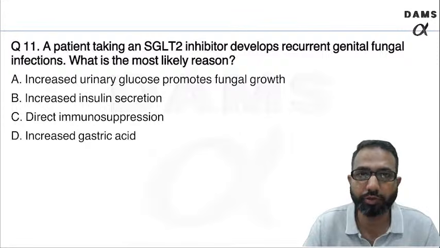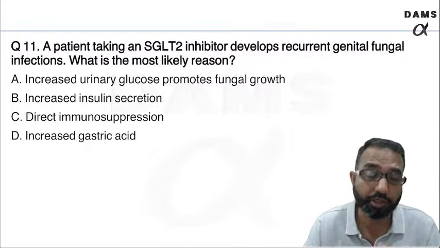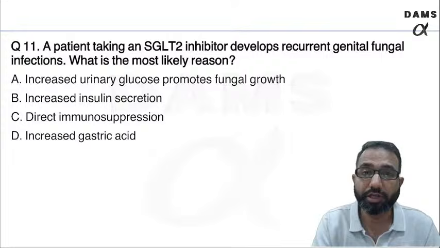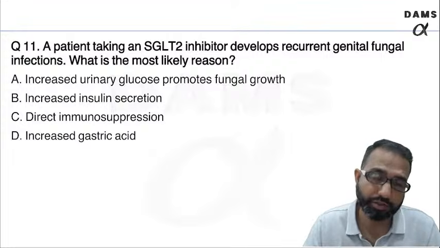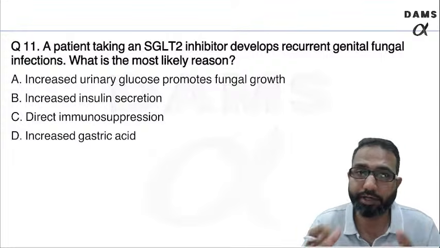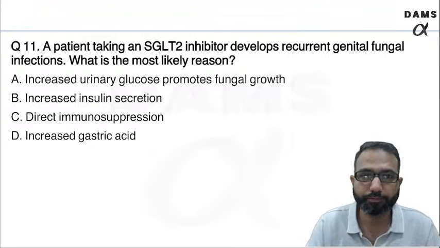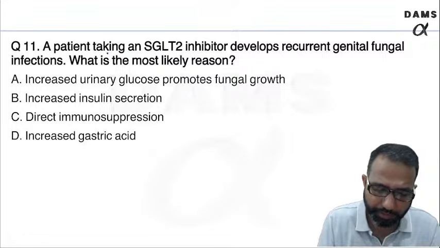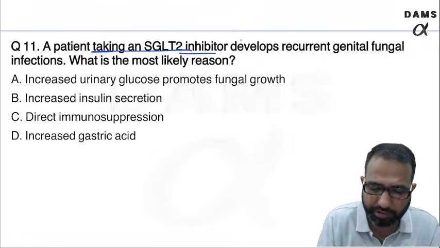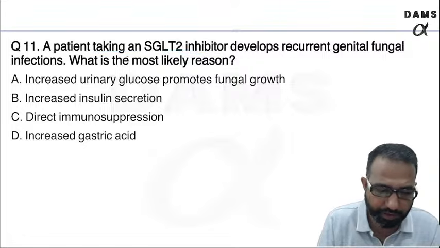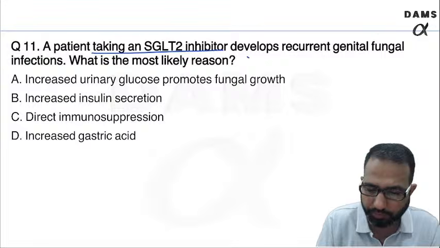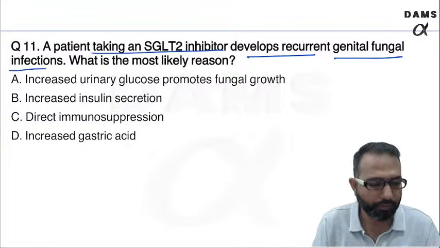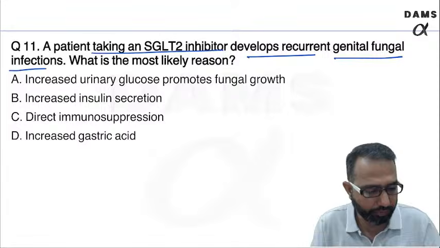The patient was already taking two antidiabetic drugs and is now having heart failure symptoms as well. Which antidiabetic drug will you add? Obviously gliflozin. And if you give gliflozin, what develops? The patient develops recurrent genital fungal infection.